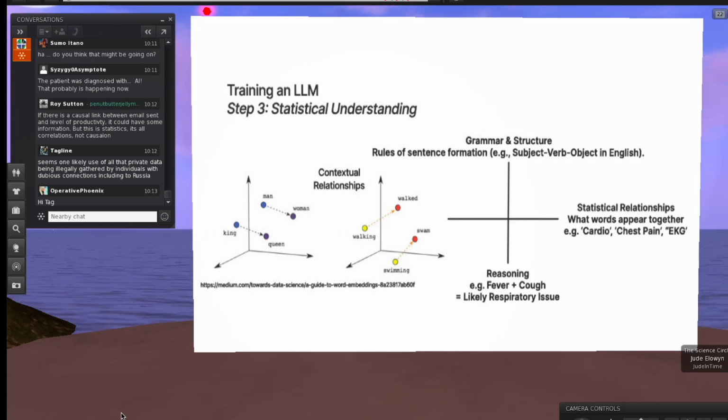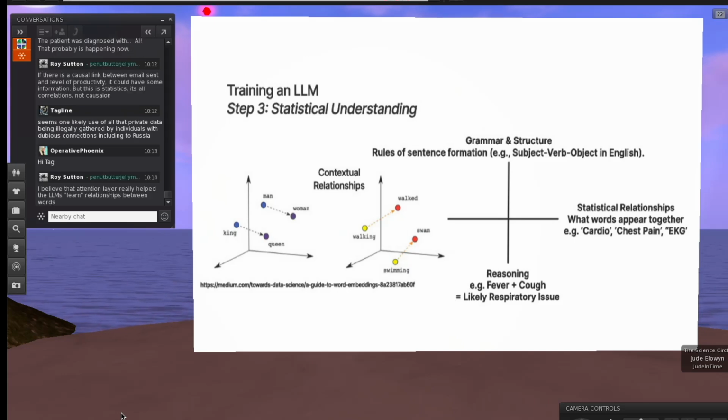All these things can be represented as numerical data, and the closer the numerical representations are to each other, the more likely it is that the words have a very close contextual relationship. You can also learn the rules of grammar and structure. These are key, of course, to things like language generation. And with the more recent models, it's even possible that you have reasoning capabilities.